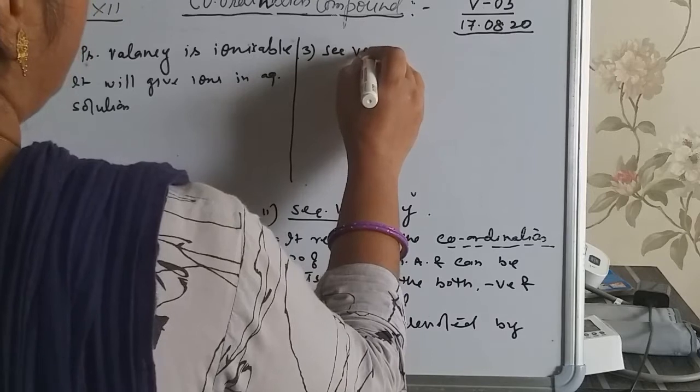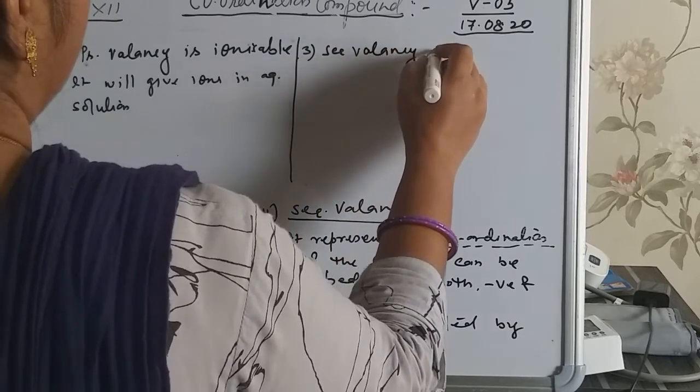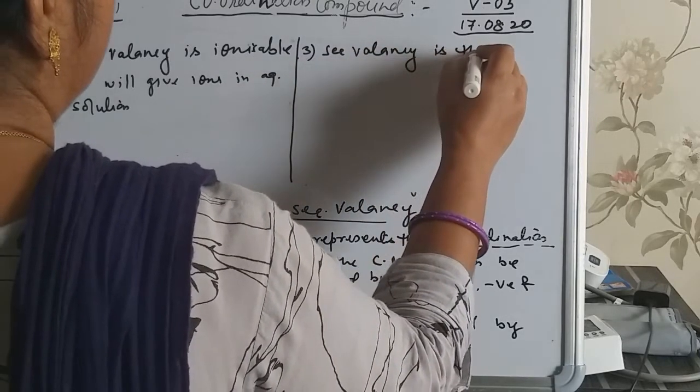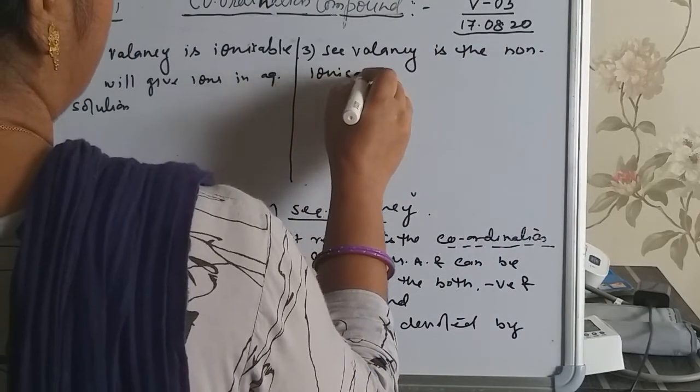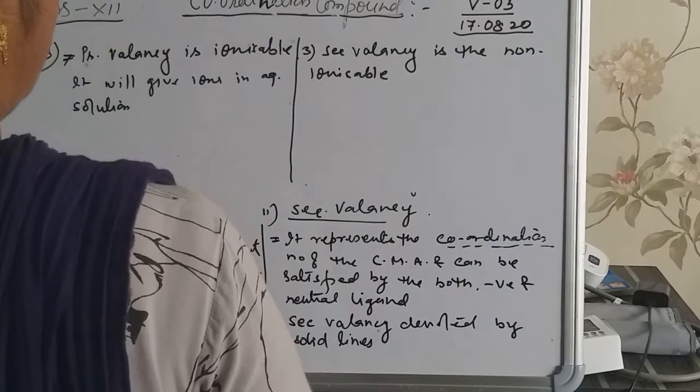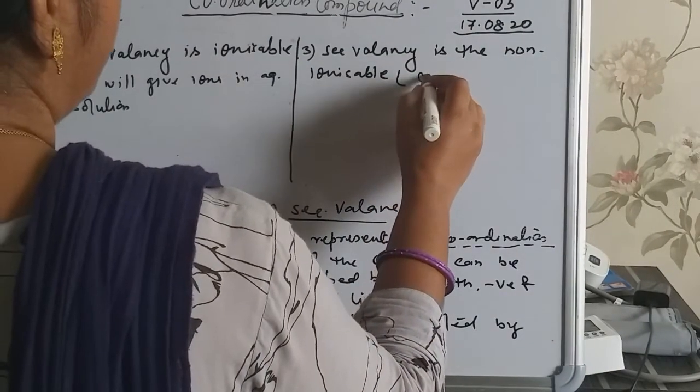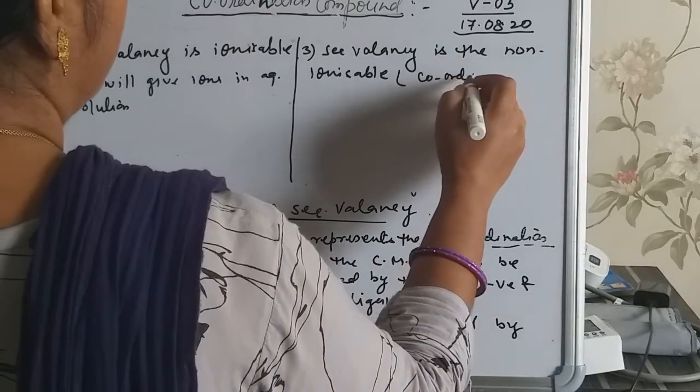Secondary valency is non-ionizable because it is present in the coordination sphere.